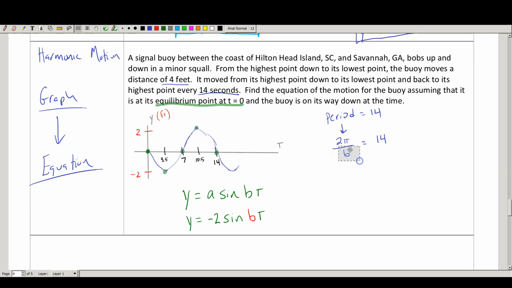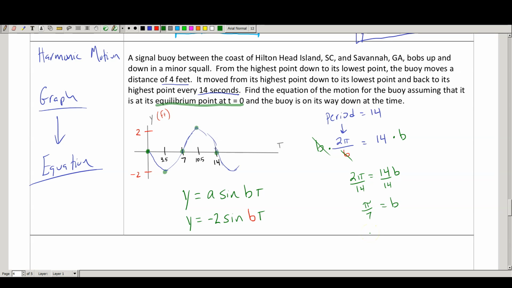So if we want to figure out what the b value is, we can just solve for b. So I'm going to multiply by b on both sides. If I'm doing this algebraically, the b's would cancel off. I'd get 2 pi equals 14b, and then I divide by 14 to get the b value, which if I reduce is going to be pi over 7.